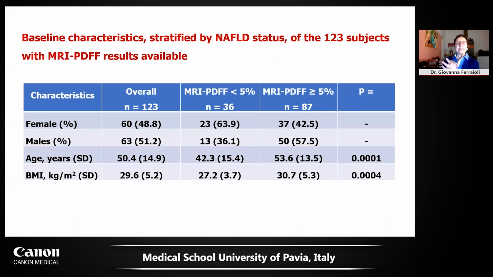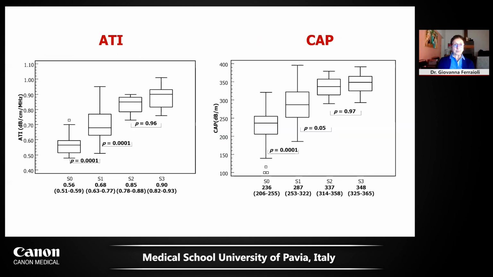As for the baseline characteristics of the patients, you can see here that patients without steatosis were younger and they had a lower BMI. And both for the ATI and for the CAP, an increase of value, increasing with the amount of fat in the liver, was observed.